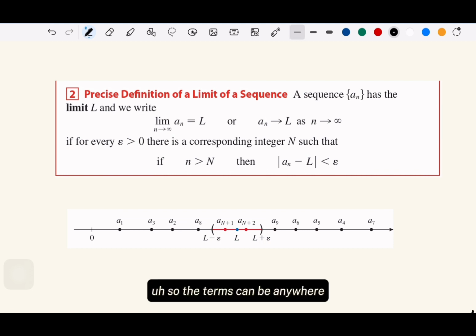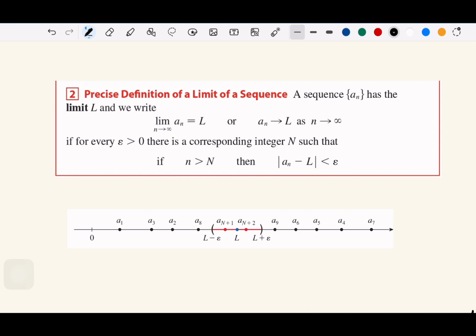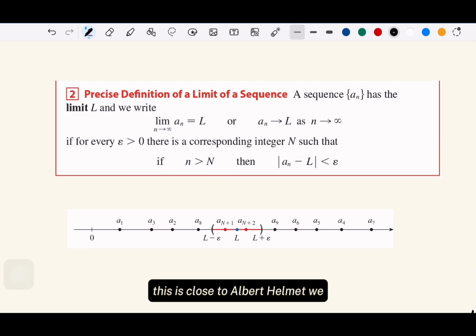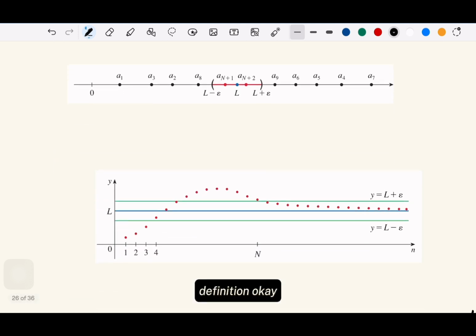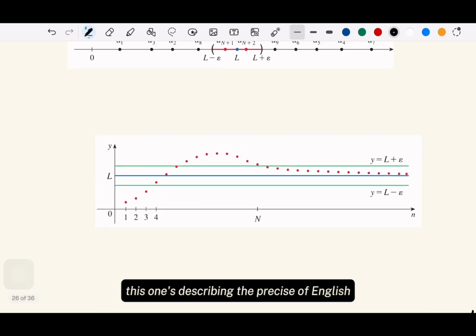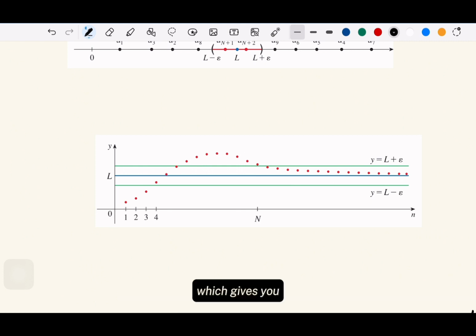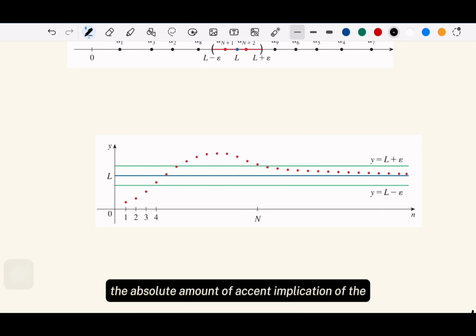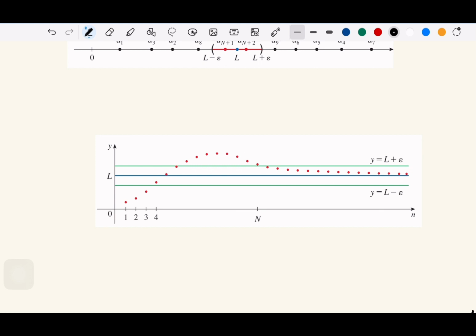So the terms can be anywhere, right? But how much the term is closer to L, that is what we want to know. Like it's close to L, but how much? We are defining that closeness or that distance with this n value here. So this is the relation through the precise definition. Okay, this one describes the precise definition, which gives you the absolute value as an implication of the n. Okay.